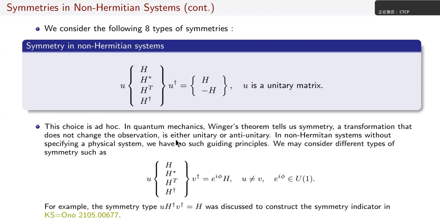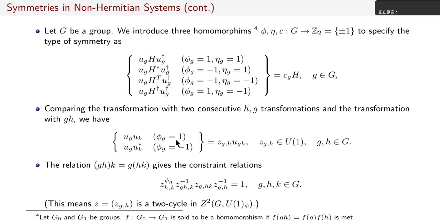Okay, then the question is how many types of symmetry this constructs. Let me explain the details.